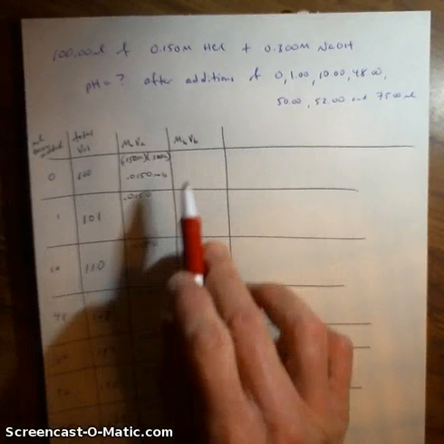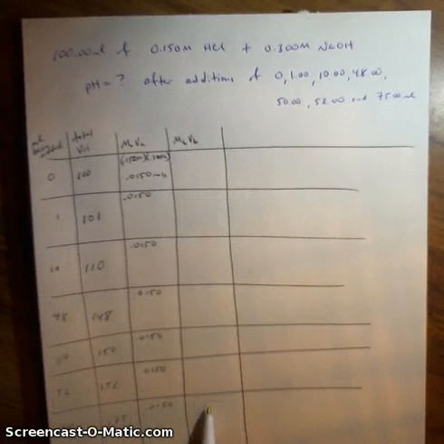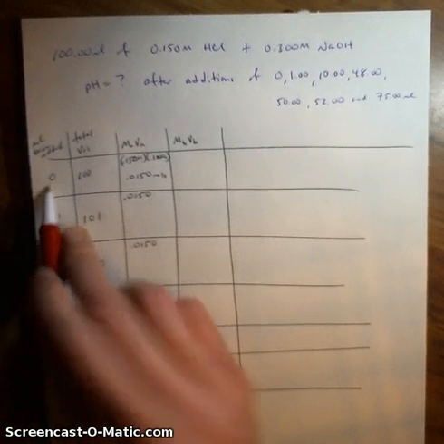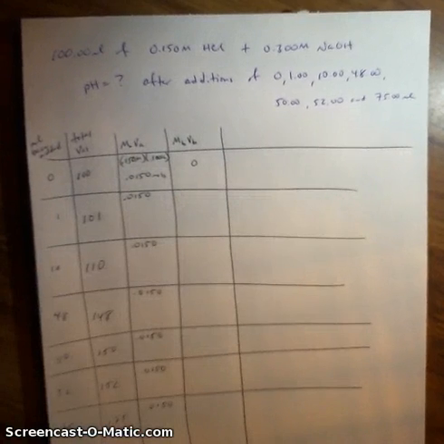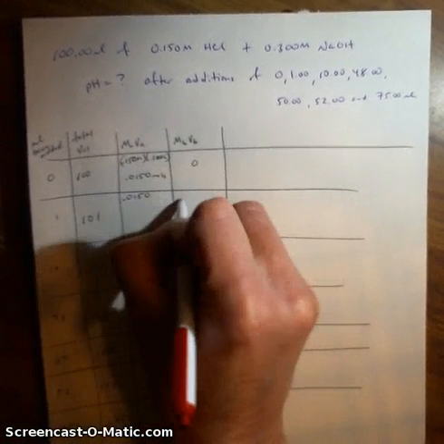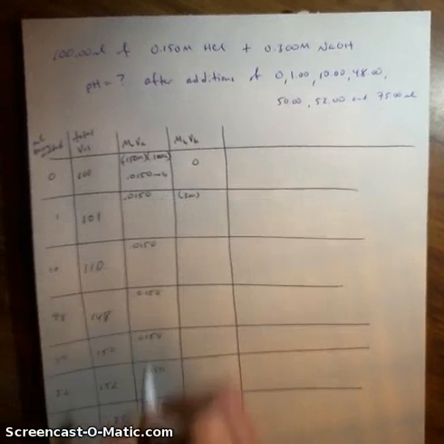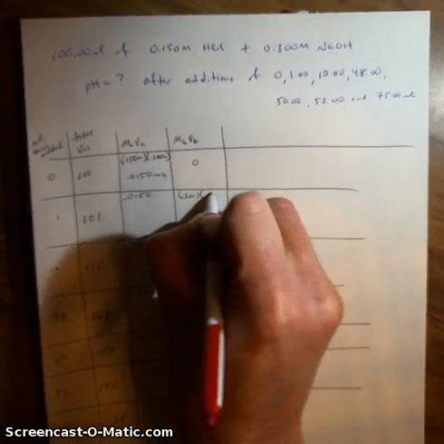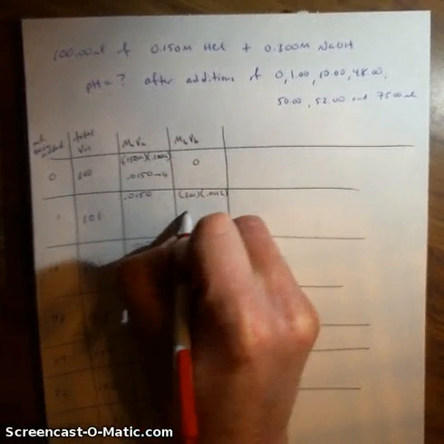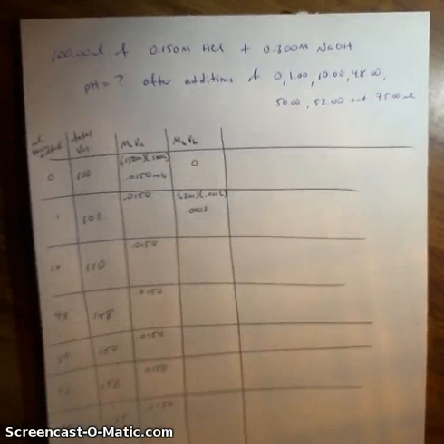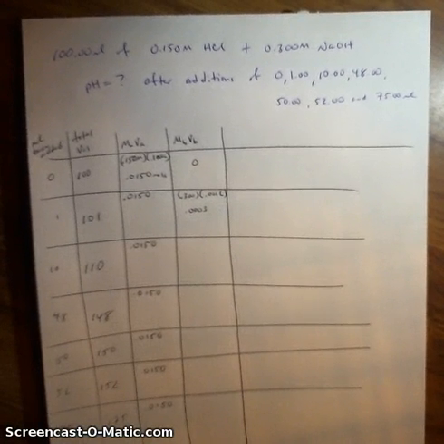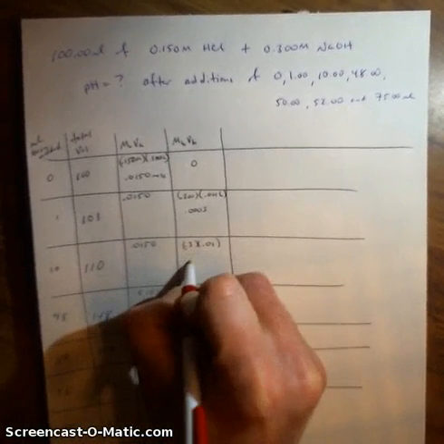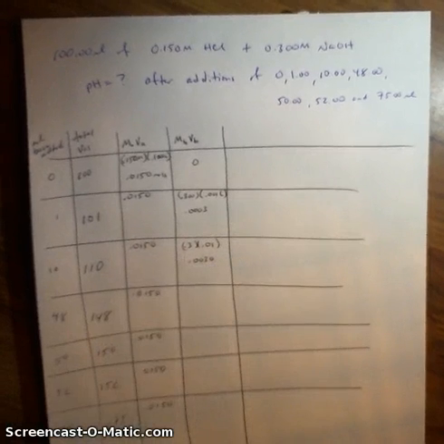Now, this value is going to change because I'm adding base through the entire problem. So each step I'm going to be adding some base. Initially, when I haven't added any base, I don't really need to do any math. There's no base. For the next step, I'm going to take the molarity of the base, 0.300 molar, times the volume. Again, volume here has to be in liters. So it's going to be 0.001 liters. It's going to give me 0.0003 moles of the base. Following the same logic, this is going to be 0.3 times 0.01 liters, gives me 0.0030 moles.